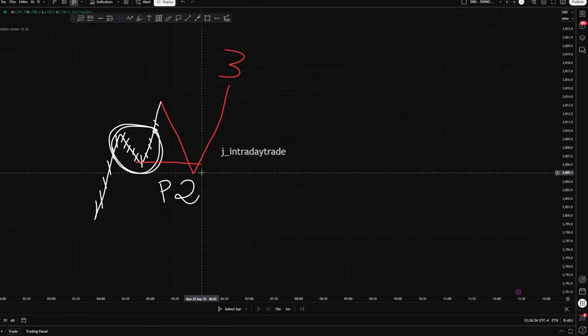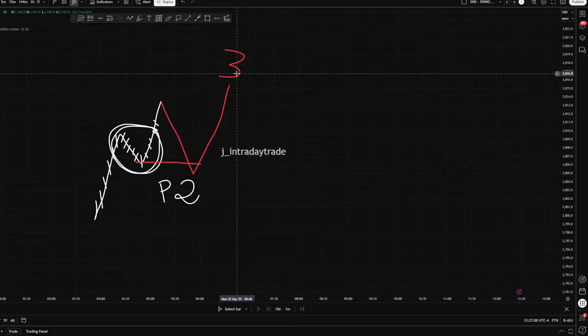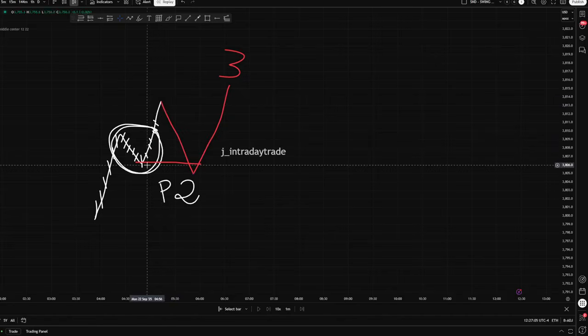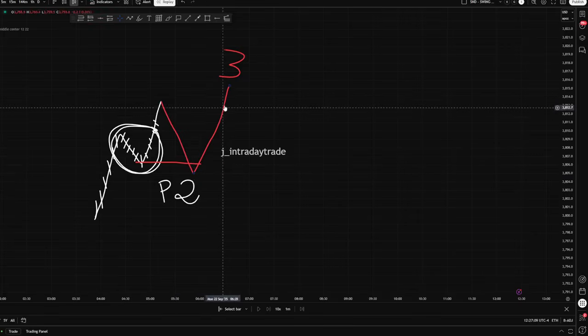So my understanding of price is coming from a flow state. It's coming from a level in which I understand that if we sweep that, I'll be ready to take this. And if I take this, I'll be ready to move up to here.